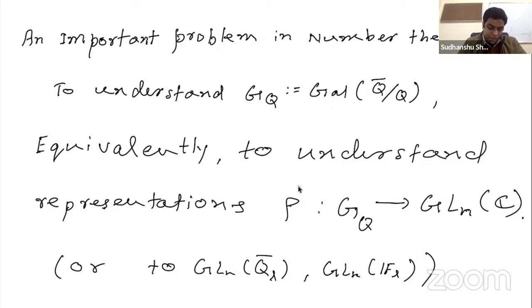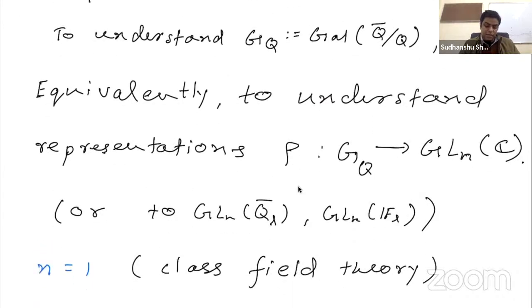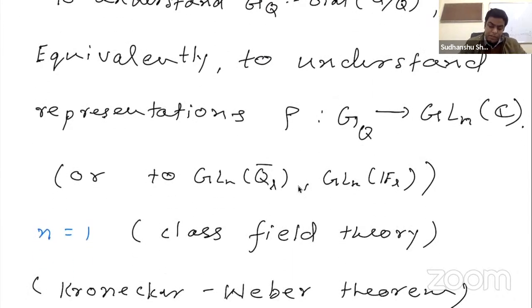So let us begin. An important problem in number theory, particularly algebraic number theory, is understanding the group GQ, which is the absolute Galois group of the field of rational numbers Q. And to understand a group, what one does is try to understand its representations. So understanding GQ is essentially the same as understanding all its representations.